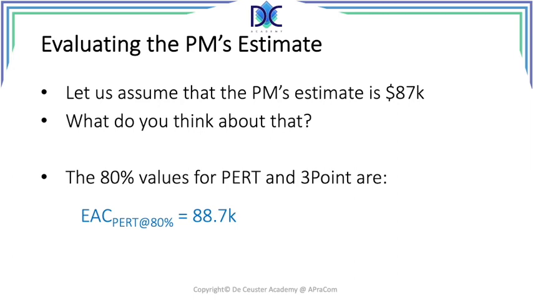It's very close. For the 3-point, that estimate is 96.5, so it may be a little bit different here. Anyway, we are in the range, and we can always ask for some confirmation depending on the questions that we have. But at first sight, this is an acceptable estimate, and the project manager can use it to continue with the project.